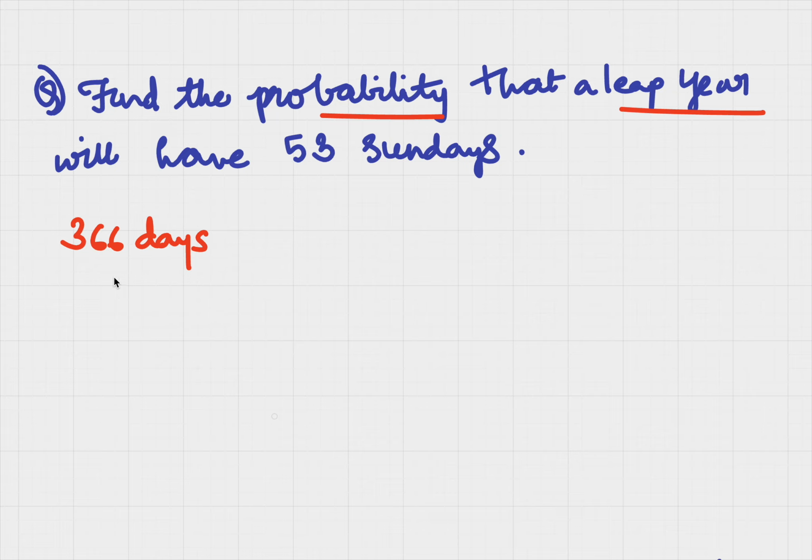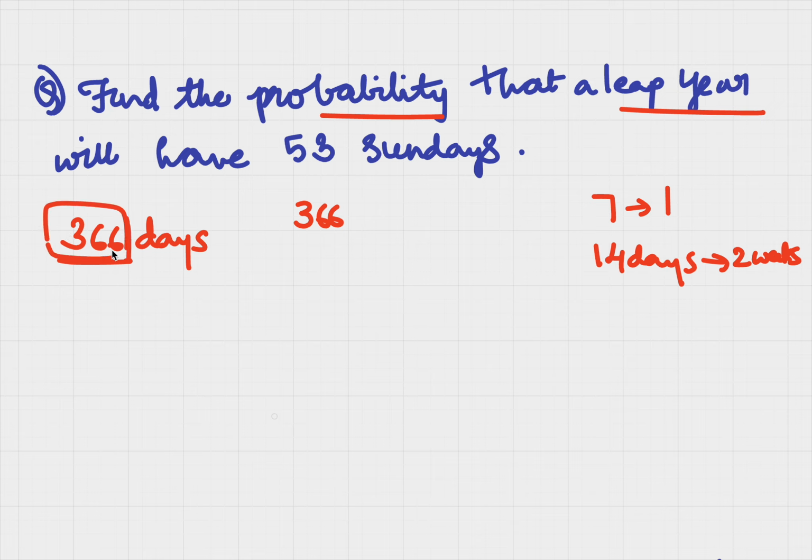Now, we have to see the nearest multiple of 7. What I meant is, is 366 a multiple of 7? No. Why I am asking if something is a multiple of 7 is, if I say there are 7 days, I can say that it's 1 week. If I say 14 days, I can say that it's 2 weeks. Similarly, I want to know how many weeks are there in 366 days.